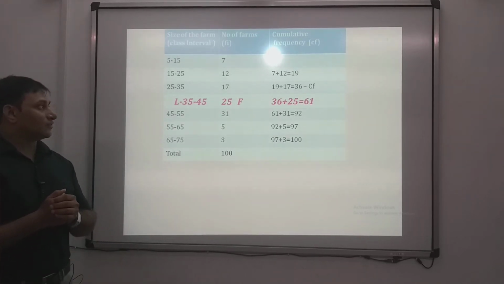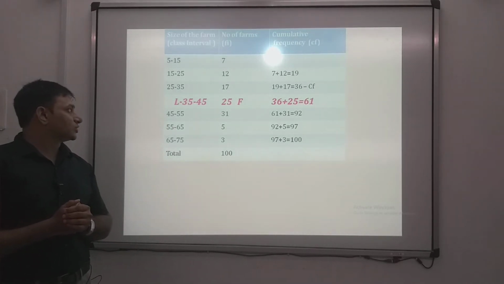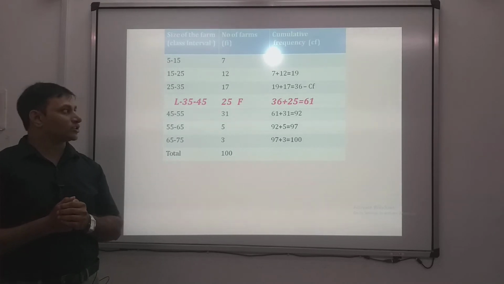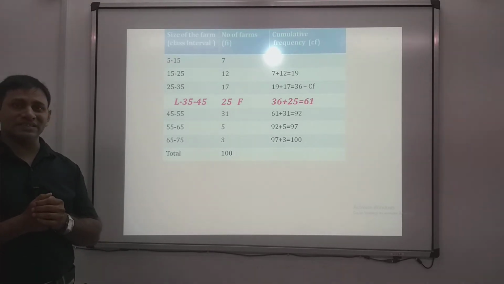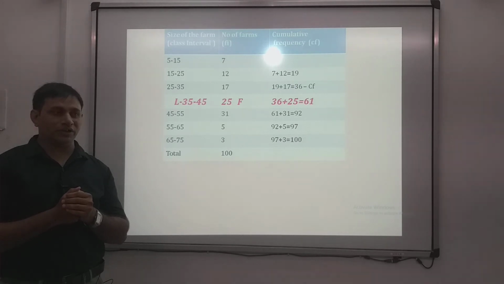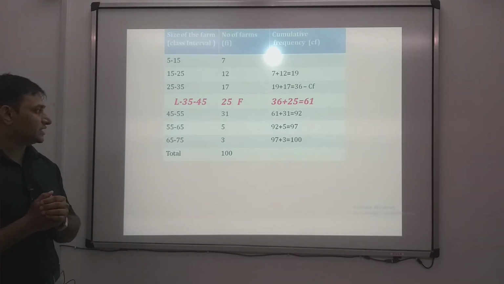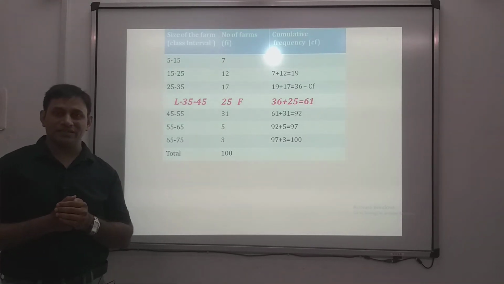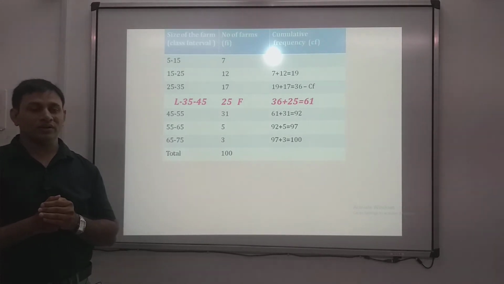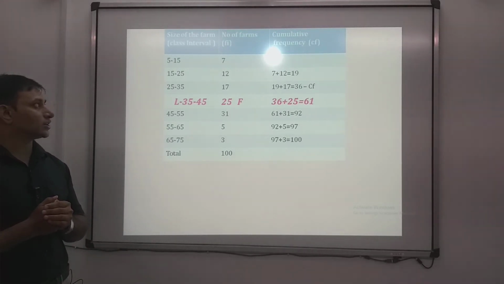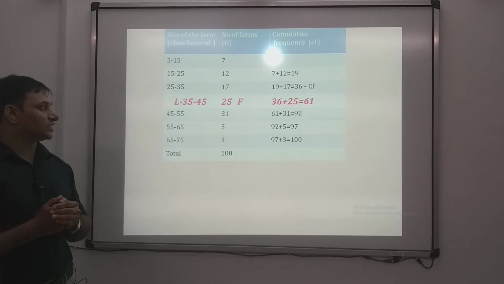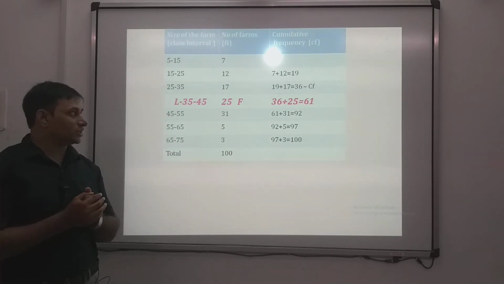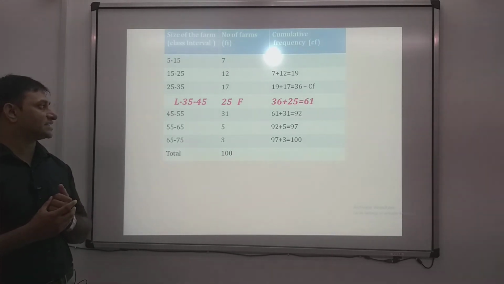Now students, how will you come to know what is the frequency, what is the lower limit and what is the cumulative frequency? As I have said, in the beginning we need to start from N. N is over here 100. As it is 100, N by 2 is 50. Now you need to see in the cumulative frequency where it is more than 50. So here in cumulative frequency, more than 50 is 61.